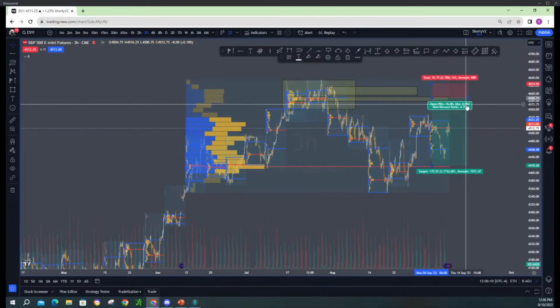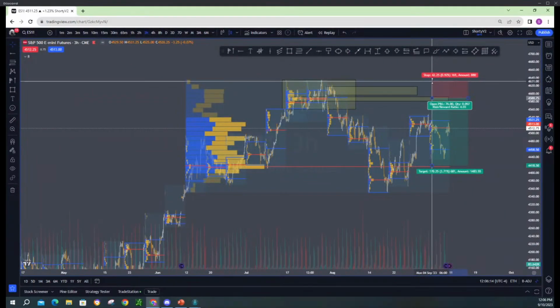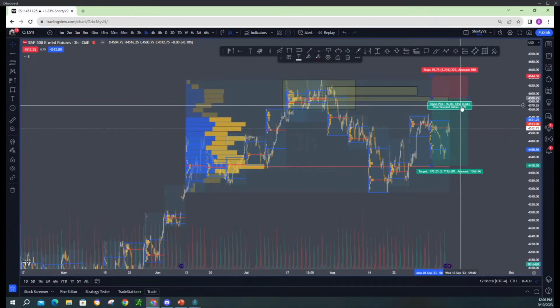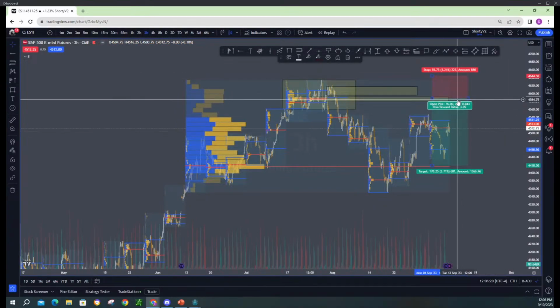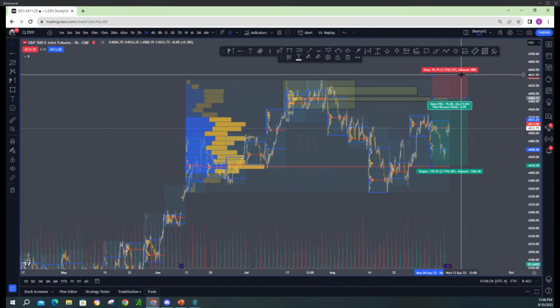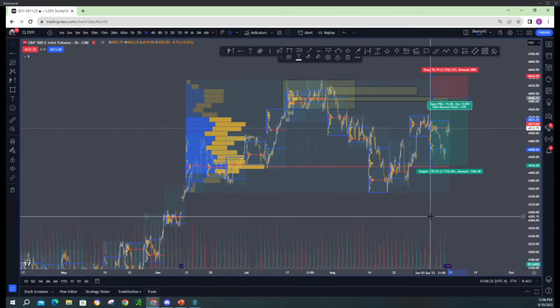So I'm looking at 4.76. So I could even increase this to here, and I still have my ratio that I need. So if I catch in here, my stop loss is somewhere around 46.50, and you can play this and enjoy it potentially all the way down.